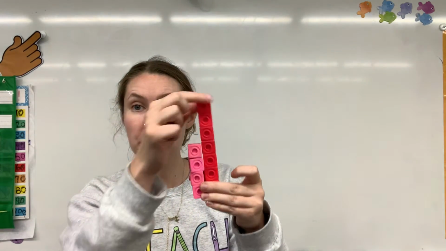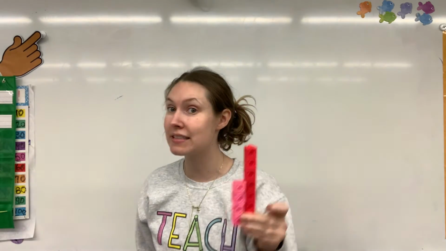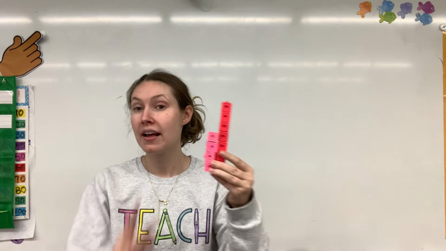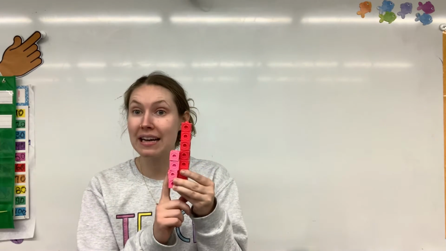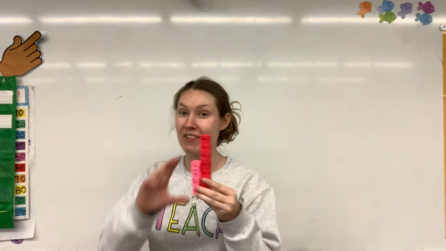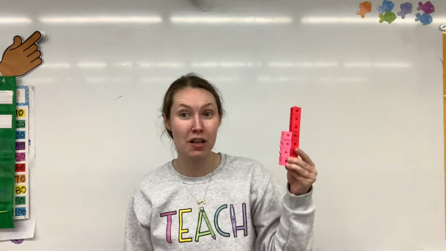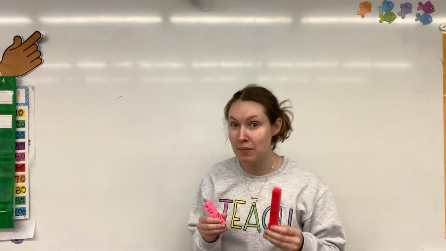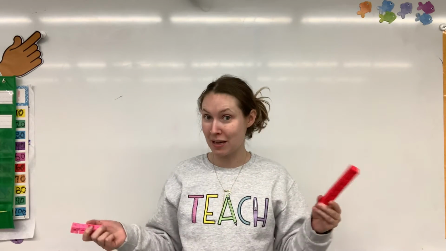So if I look at my 7 and my 4, I have 1, 2, 3 more cubes on my red tower. So I can say that 7 is 3 more than 4, and 4 is 3 less than 7. That's how many I would need to add to my pink tower to make it as tall as my red tower. So give that a try with your cubes. See if you can make two towers and how you would compare them.